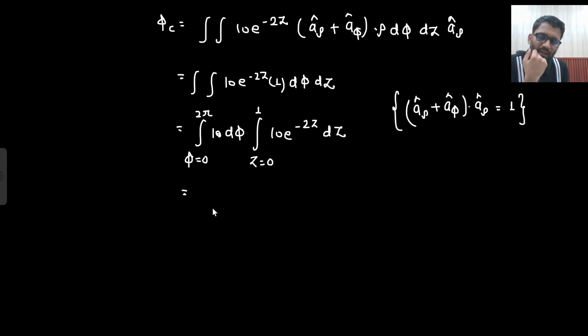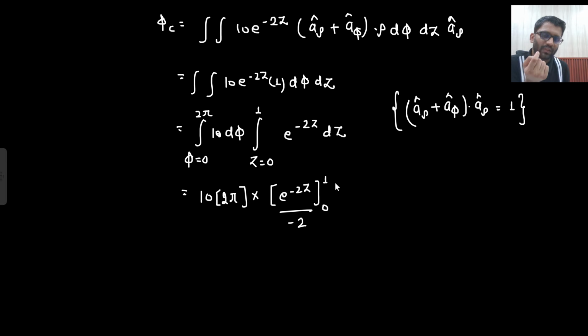So what we are getting here: tan will be coming common. This will be 2 pi, and here the integral is e to the power minus 2z dz. So what you are going to get: e to the power minus 2z divided by minus 2, from 0 to 1.